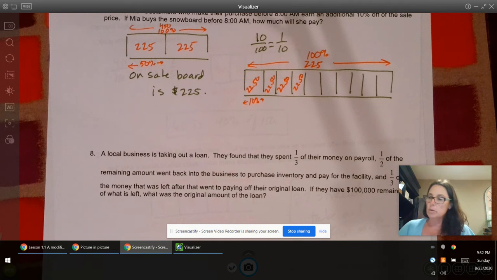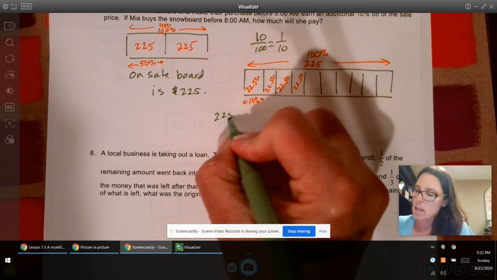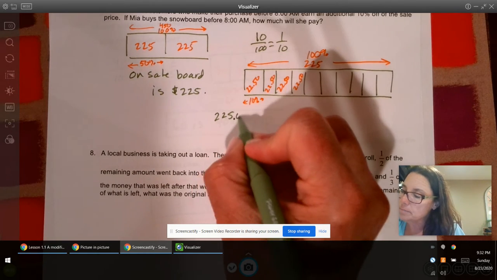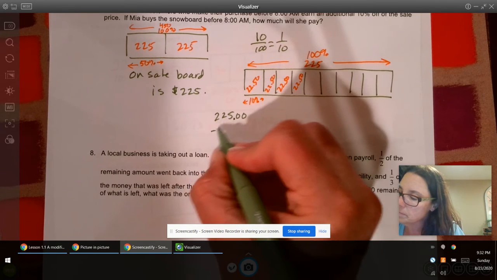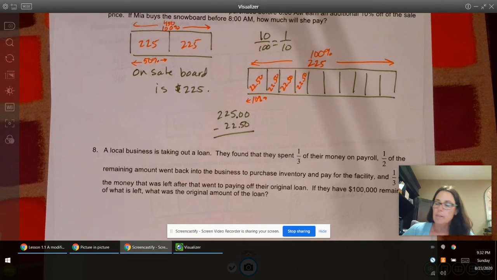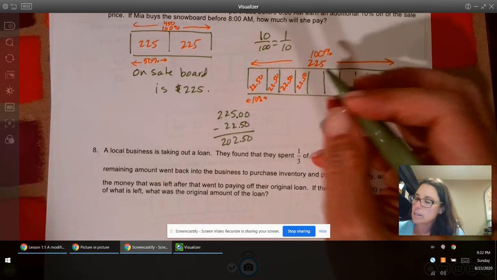So doesn't it make sense we'd take the 225 and subtract 22.50, which is 202.50.